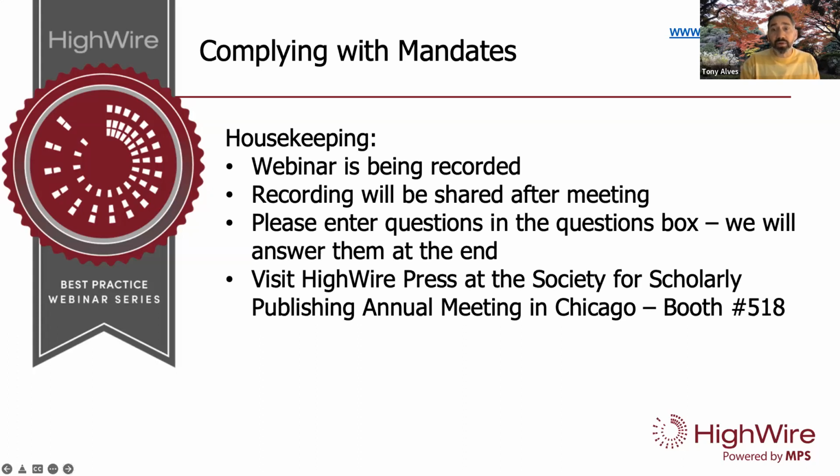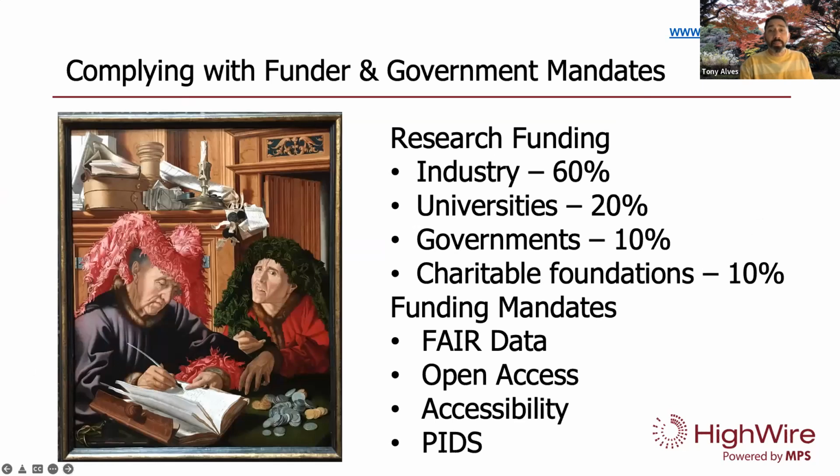So on to complying with mandates. Although a vast amount of research funding comes from industry, a large amount of funding, especially for basic science, for public health, for social science, comes from governments and from public and private foundations, including university endowments.